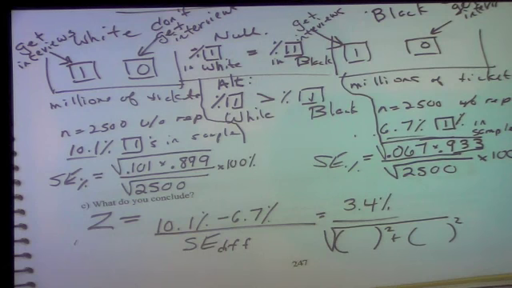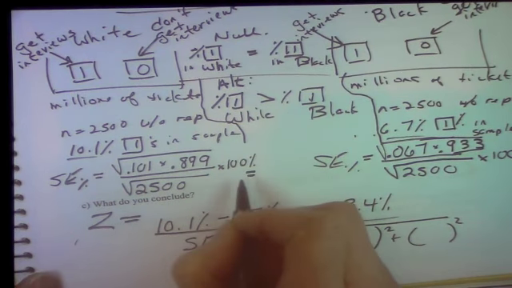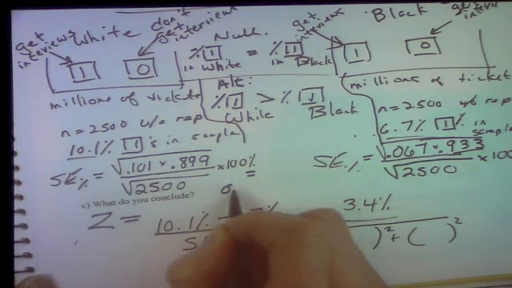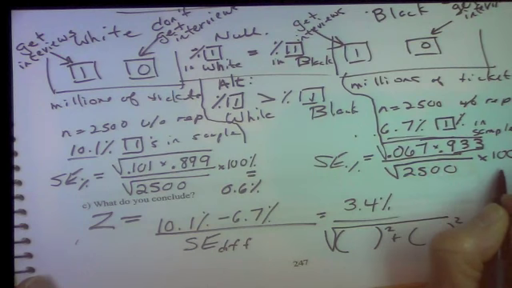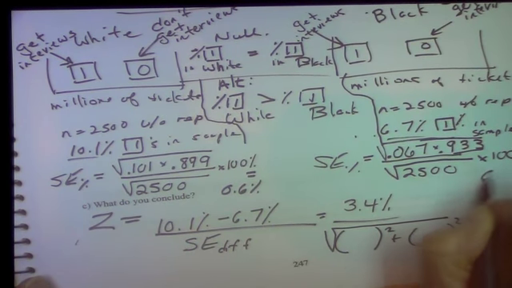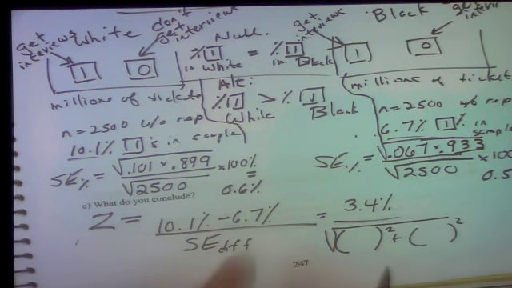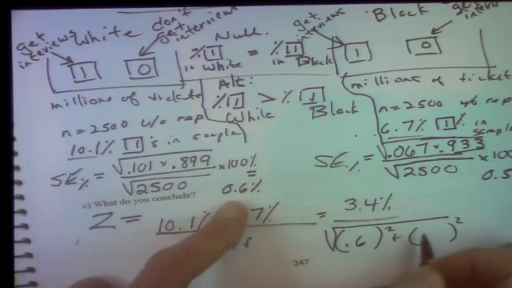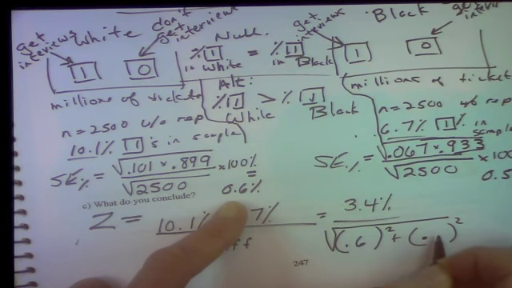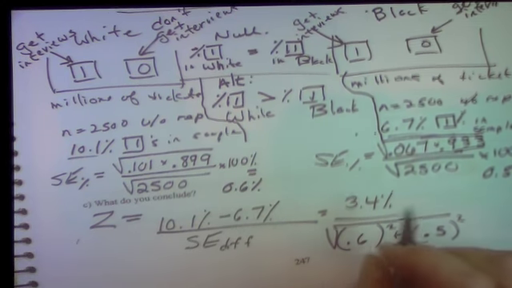And I did this out, and I'll tell you what I got. I got 0.6% here, and I got something very similar here. I got 0.5%. So that's what I can put here, 0.6 and 0.5. Okay?